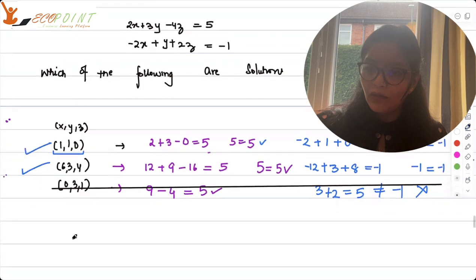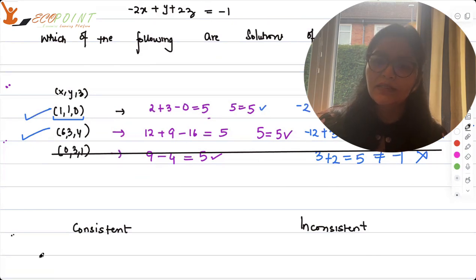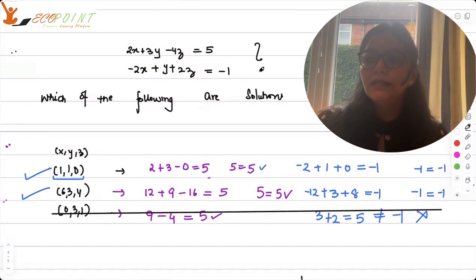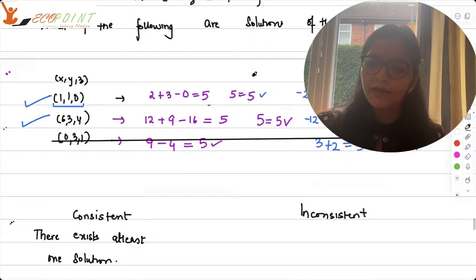Now I used two terms, consistent and inconsistent. A system of linear equations is said to be consistent when there exists at least one solution. So the given system of equations is consistent because it has at least one solution. We've already checked that two solutions exist.